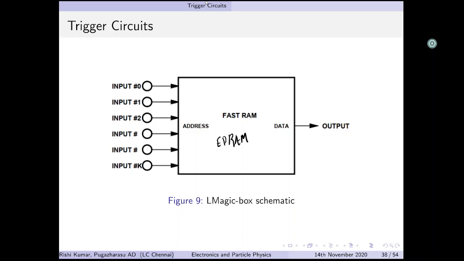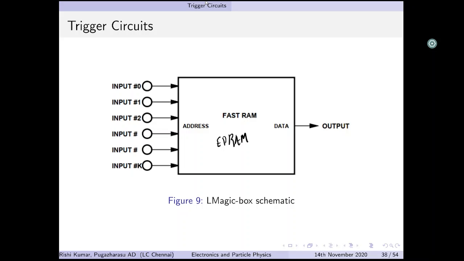Essentially, it stores the data into the RAM cells, and the input signals have the address of the memory. The magic box returns the stored value, and the addresses always correspond to a valid trigger combination. The only addresses stored are the ones you have done your coincidence matching with and consider valid.